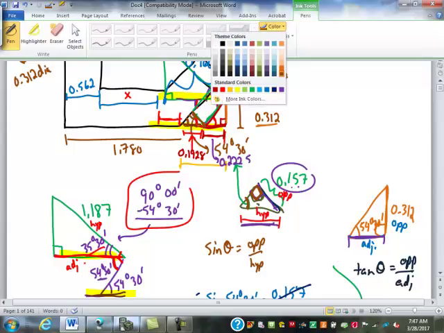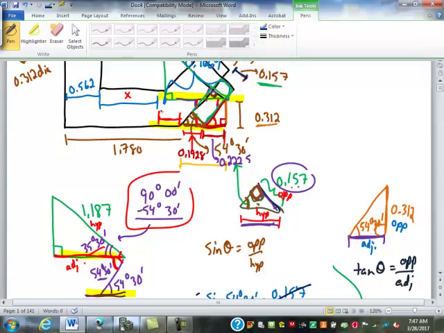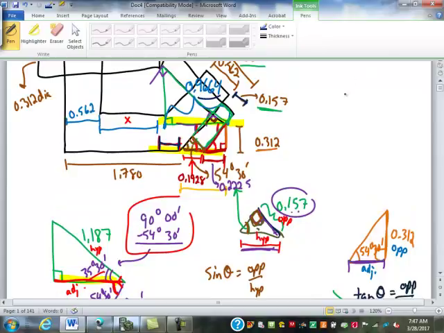So now that we have those pieces, we can find this distance right here by subtracting. We had the whole thing, which was 0.9664. From that, we're going to subtract the 0.1928, and then we're going to subtract the 0.2225.